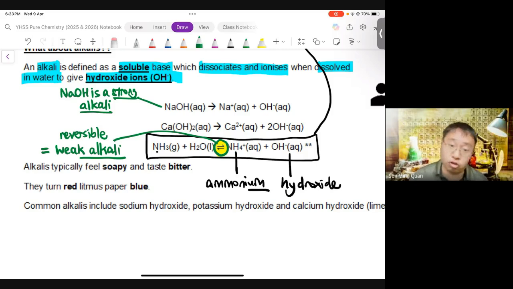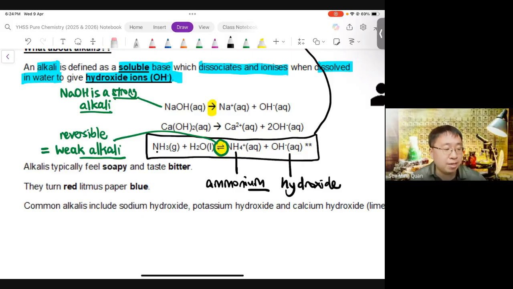You can tell it's a strong alkali because sodium hydroxide dissociates and ionizes completely and irreversibly when dissolved in water. The arrows are completely different. All right. So alkalis also have strength. Sodium hydroxide is a strong alkali. Ammonia is a weak alkali.